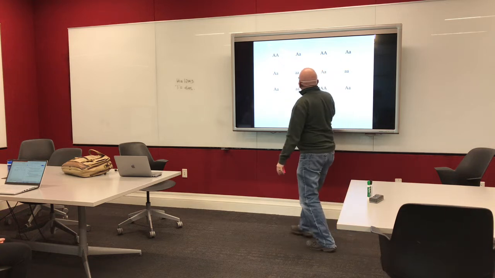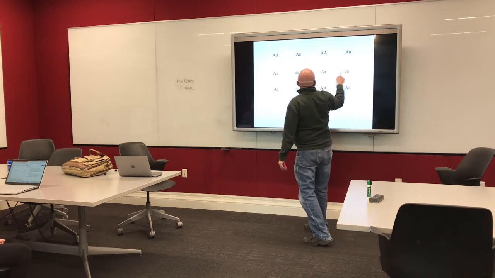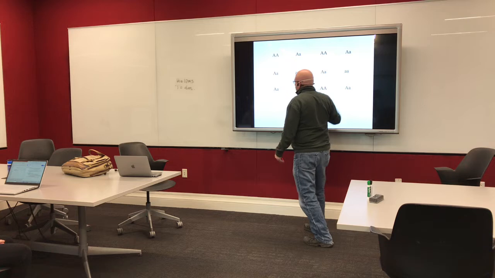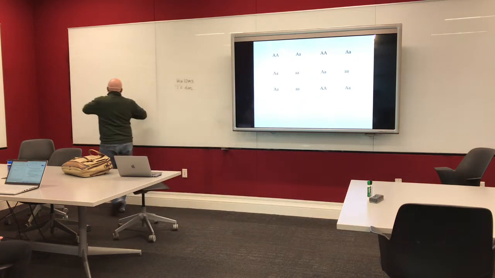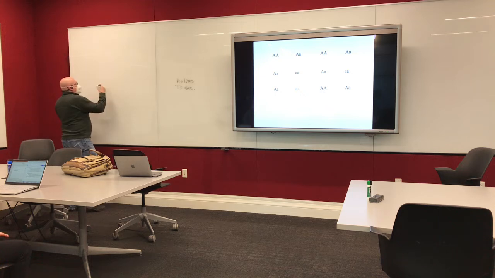How many individuals do we have here? 1, 2, 3, 4, 5, 6, 7, 8, 9, 10, 11, 12. We have 12 individuals, which means we have how many alleles? 12 individuals, which means we have 24 alleles total.